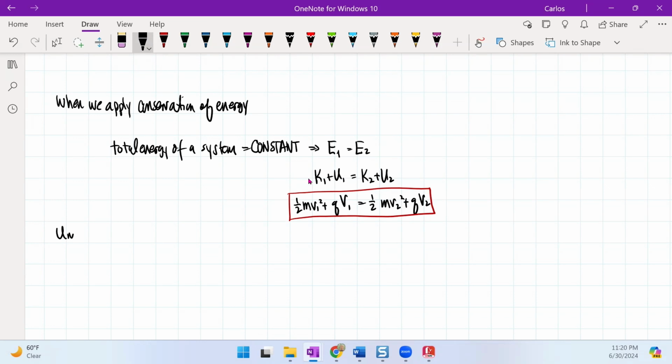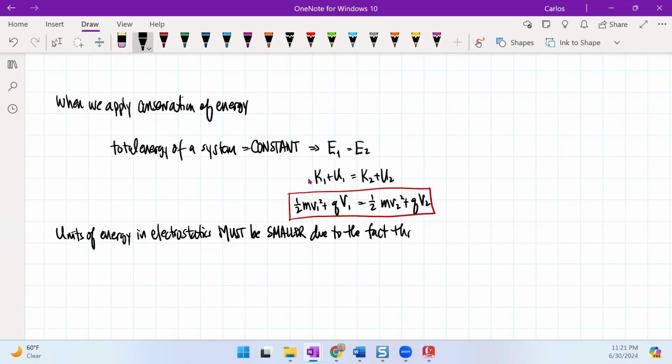So units of energy in electrostatics must be small or smaller, due to the fact that we deal at the atomic scale. So we need a different unit.